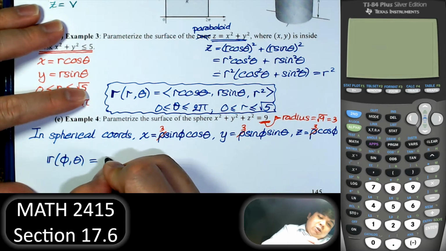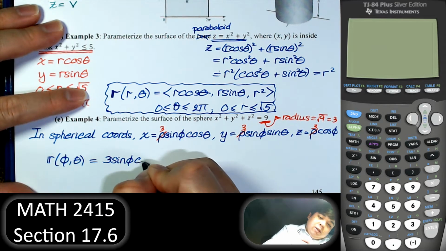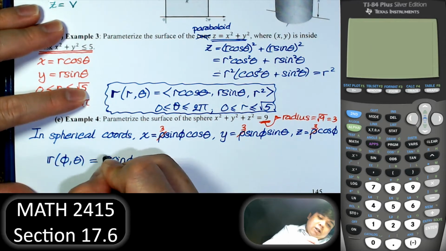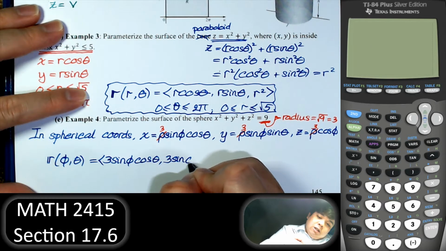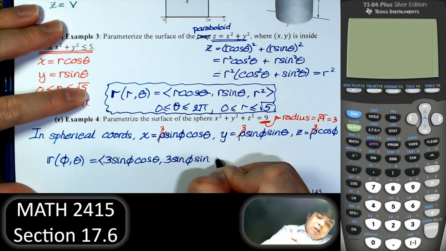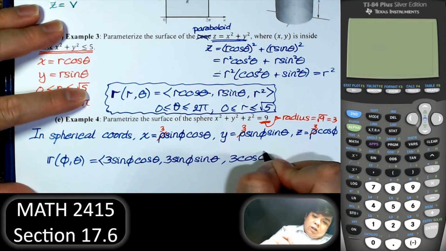So 3 sine phi cosine theta, 3 sine phi sine theta, and 3 cosine phi.